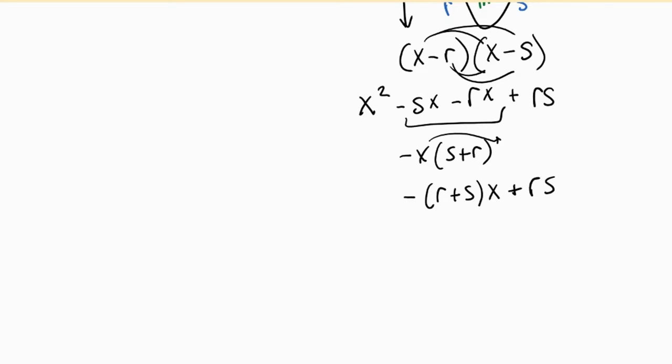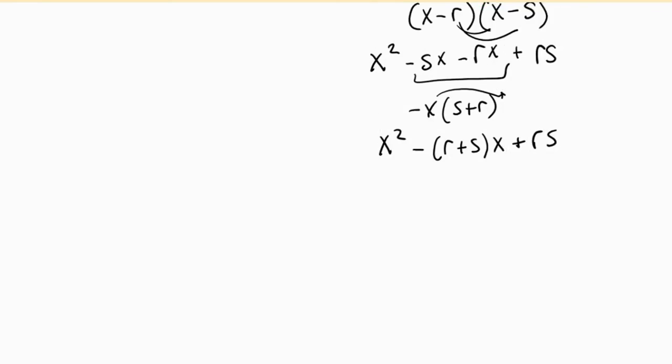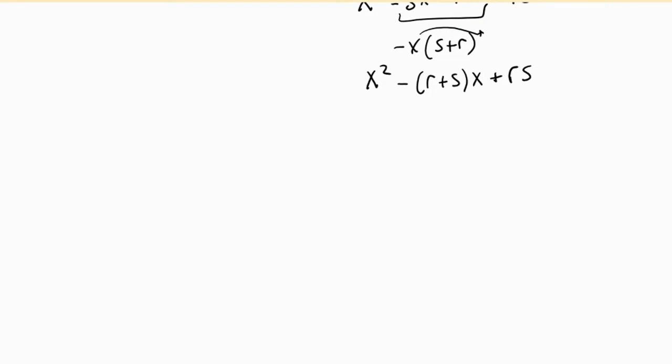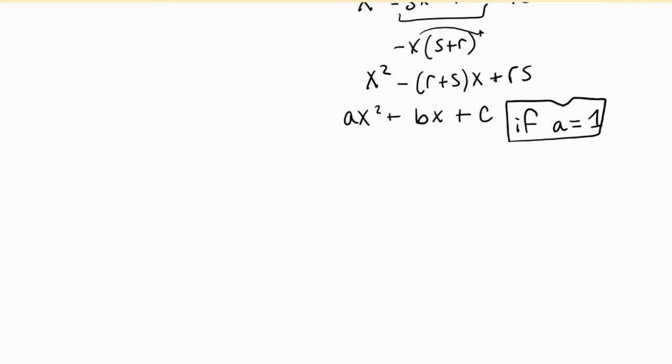All right, so here we go. Now, if I wanted to compare this to ax squared plus bx plus c, what I'm setting up here is that if we are given a quadratic equation in this form, and a is equal to 1, I should establish that we're just talking about the context where a is equal to 1.